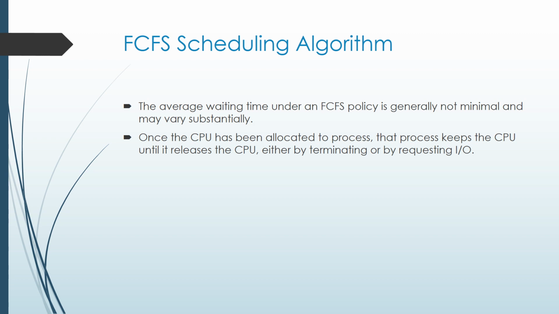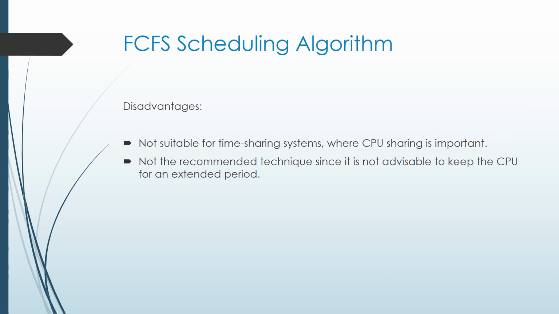And once the CPU has been allocated to a process, that process keeps the CPU until it releases the CPU. Meaning to say, you cannot take the CPU while it still has a process on it. It can only be released by either terminating or by requesting input output.